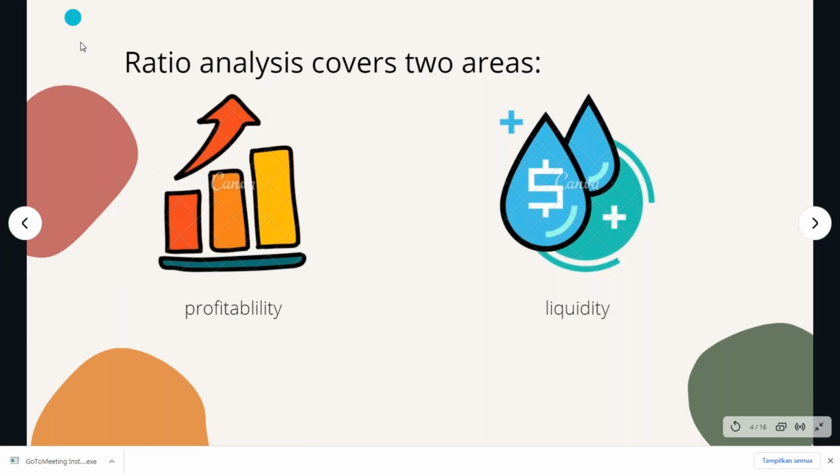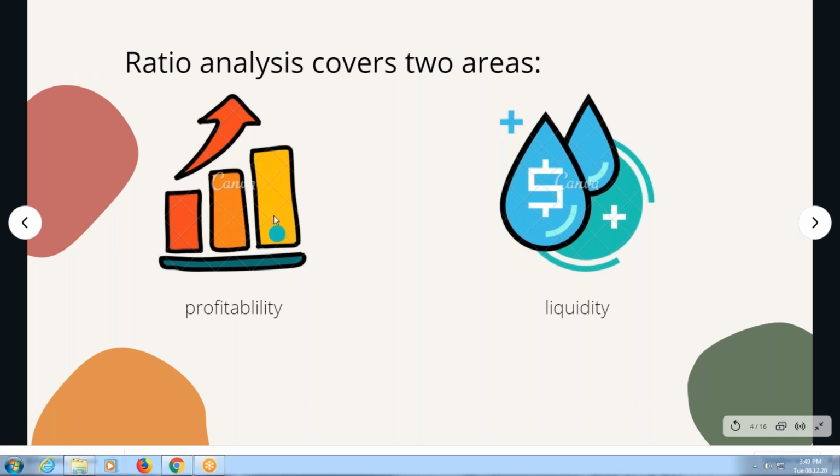So the next, there are two kinds of ratio analysis, two areas. The first is profitability, and the second one is liquidity. So today we will learn about profitability. Profit, I think you are familiar with the word profit.